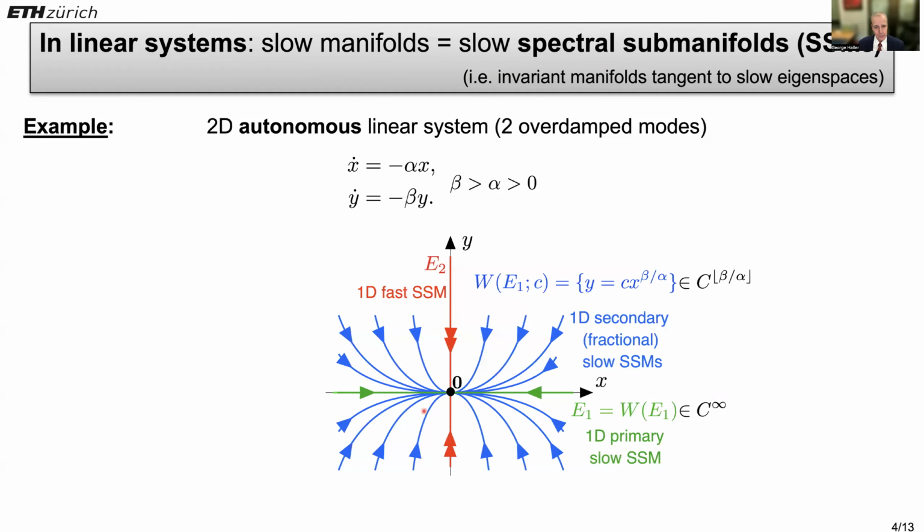In higher dimensional examples, it is indeed a subspace. And it's a slow spectral subspace, which also coincides with a spectral submanifold because it satisfies this definition. It is tangent to itself at the origin. So it's a slow spectral subspace, also a slow spectral submanifold. It's flat, so it's C infinity. There are many other such manifolds that are actually tangent to the slow subspace at the origin.